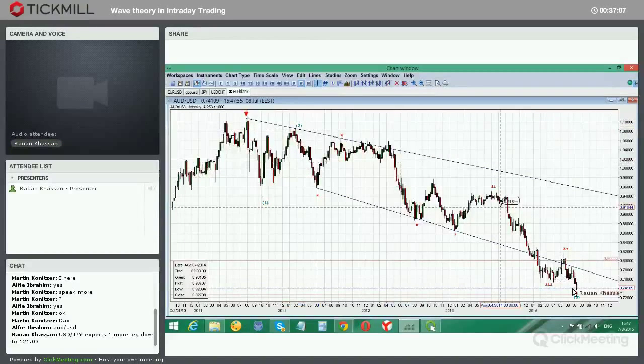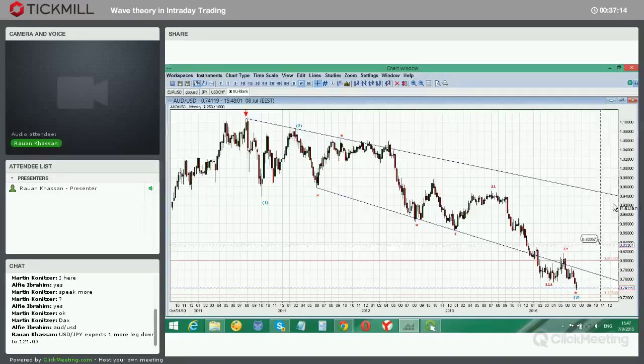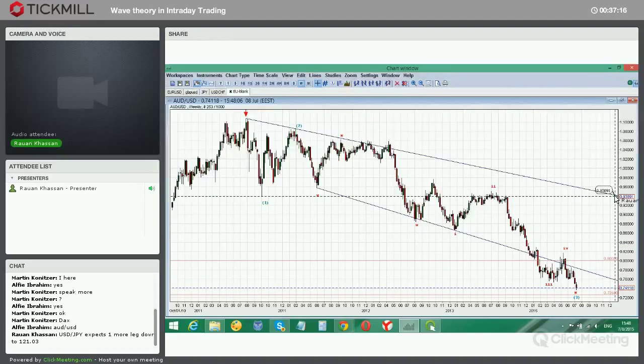And if this assumption is right, we may expect major correction in the direction of trend line 0.94 in the course of coming several months or even years.